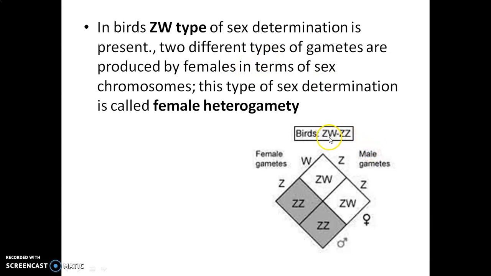So in ZW, the female will produce a gamete with Z chromosome and a gamete with W chromosome. Okay, but the male produces only a single type of gamete, that is Z chromosome, just opposite to that of the human condition. So this is female heterogamety, whereas human beings and Drosophila exhibit male heterogamety.